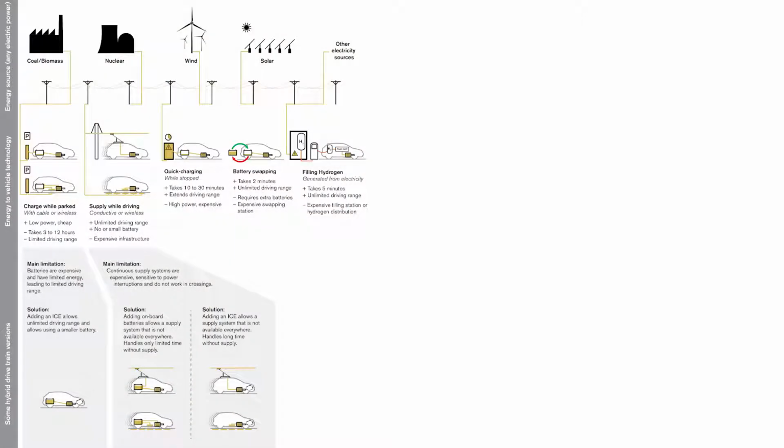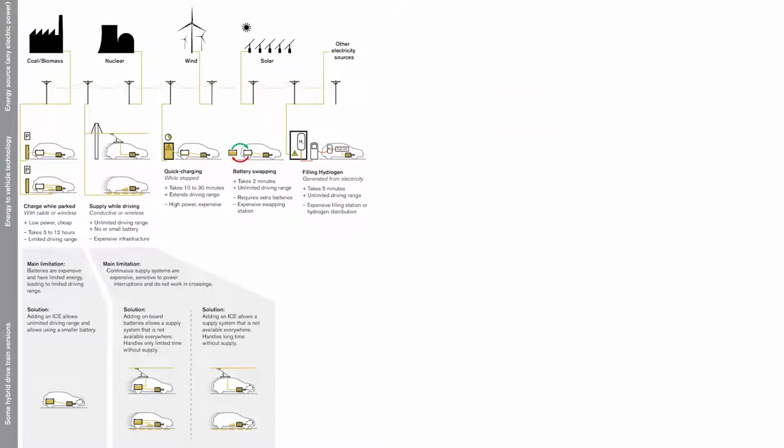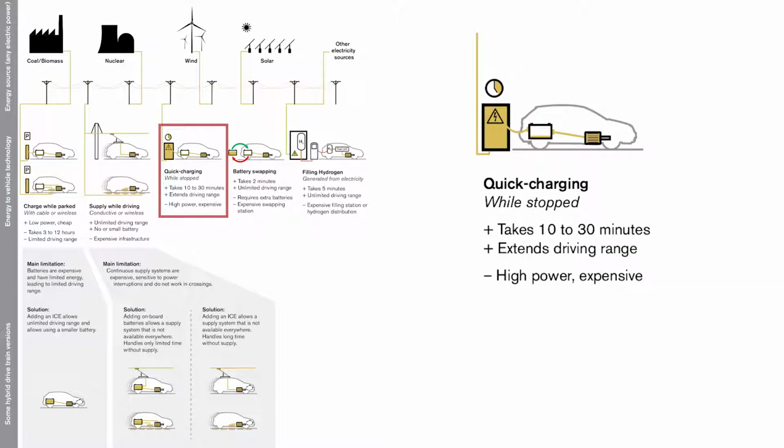This figure shows different energy sources and different technologies to transfer the electricity to the vehicle, that is, to charge the vehicle. The main way to charge a vehicle is using an electric cord or via wireless charging while it is parked. Rapid chargers can also be used in order to extend the driving range of the vehicle.